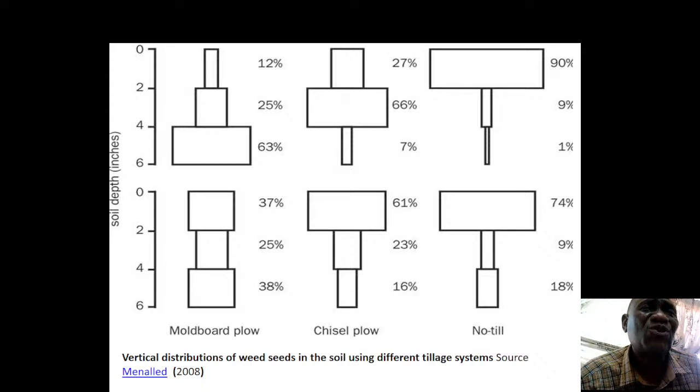I am not going to talk about chisel plow, but what is common here is the moldboard plow and the reduced tillage, CA. In CA, it tends to be the opposite of conventional tillage, where you are going to have more weed seeds at the top and fewer as you go down.